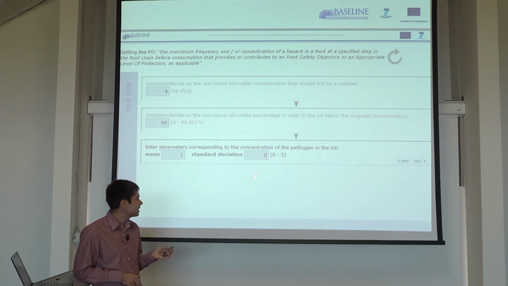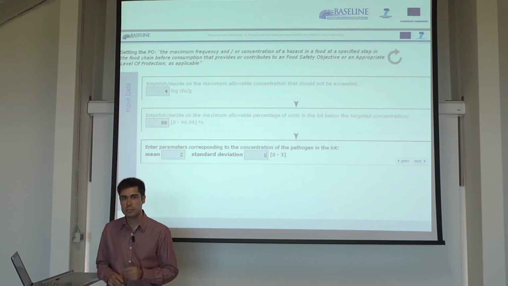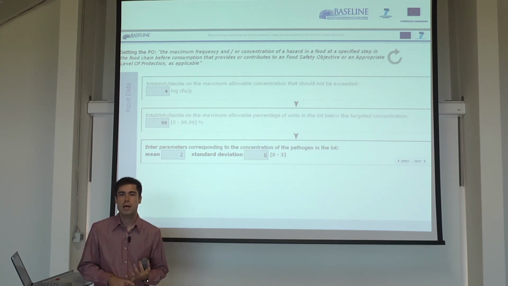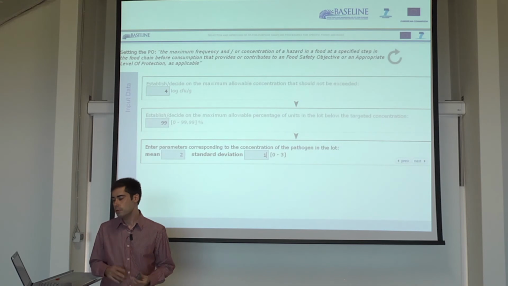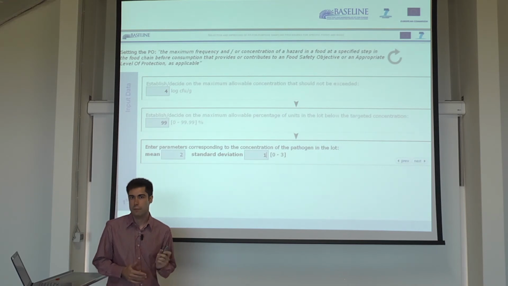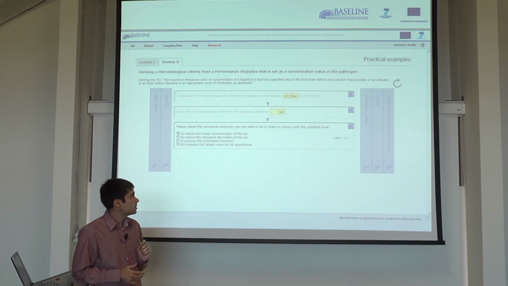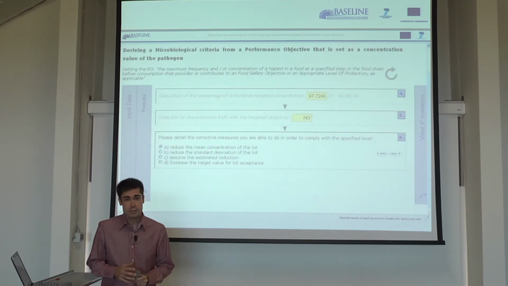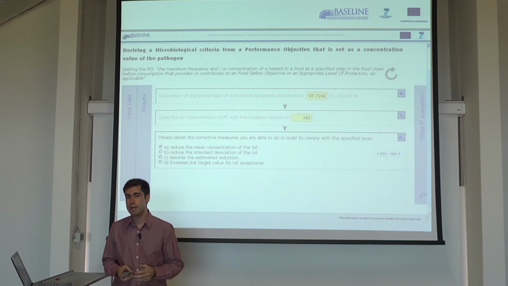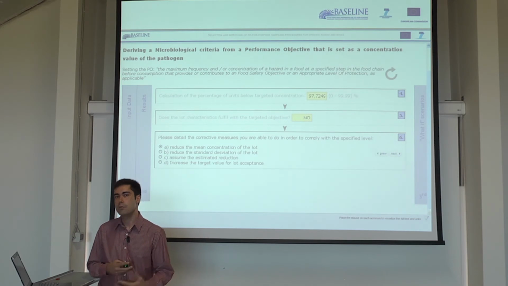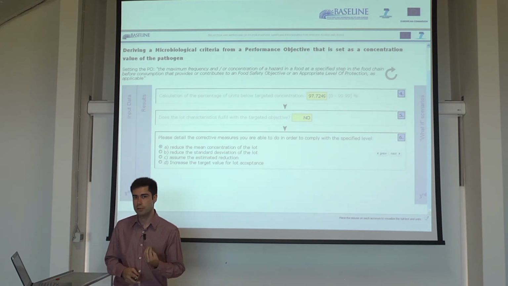Below, the user can set the parameters of the microbial contamination of the sample. In this case, I assume that the sample will have a concentration of 2 logs with a standard deviation of 1 log. In this example, the software gives information about if this distribution can or not comply with the specified performance objective.